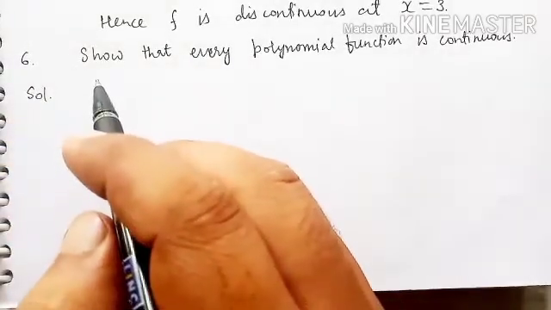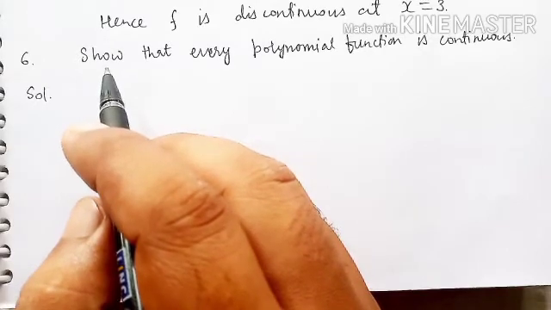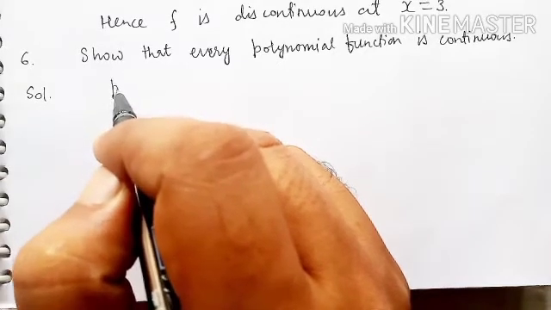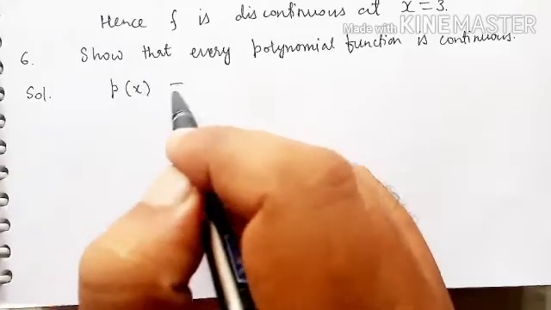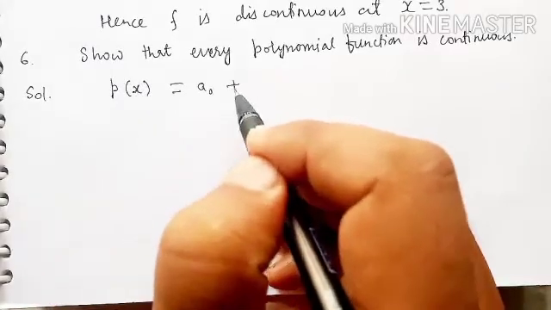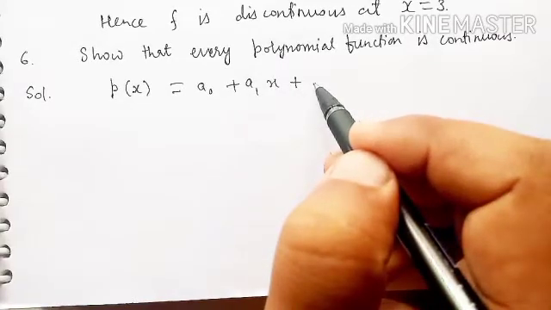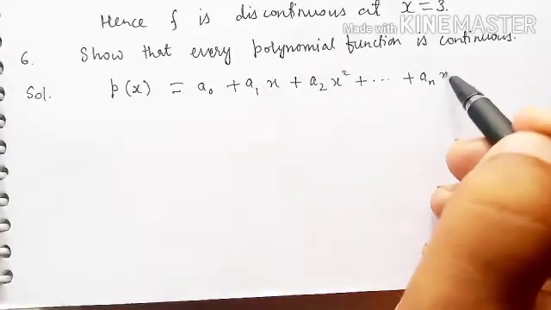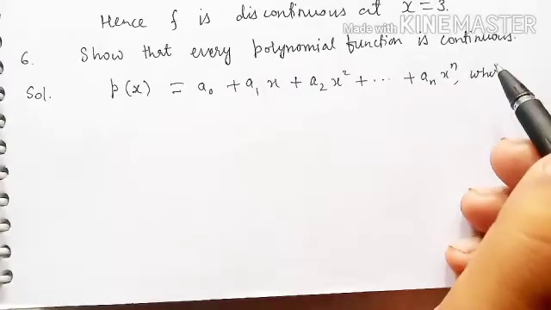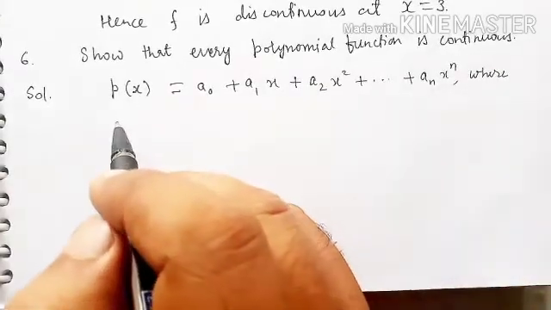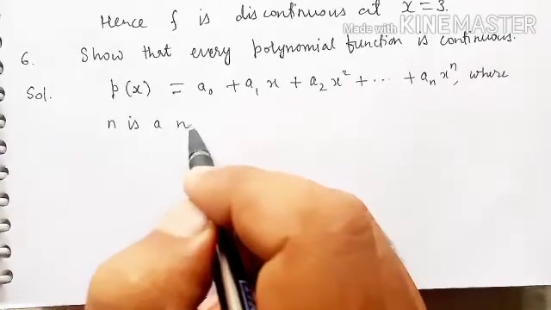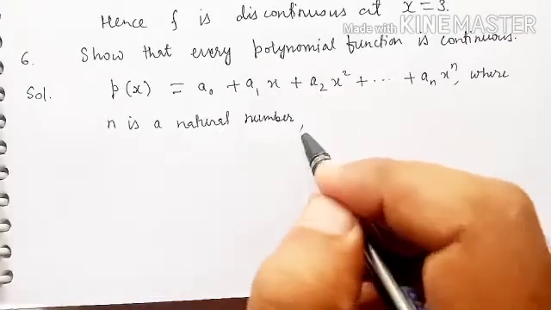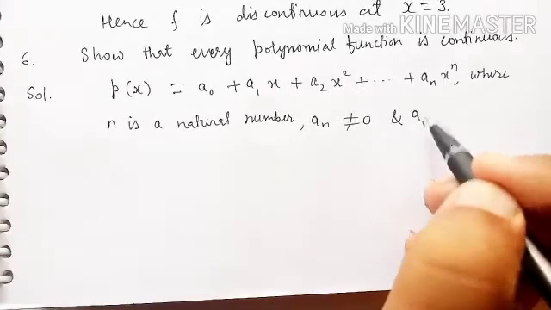We know that a polynomial function p is defined by p(x) equal to a0 plus a1x plus a2x square, and so on up to an x to the power n, where n is a natural number, n is not equal to 0, and ai belongs to the set of real numbers.